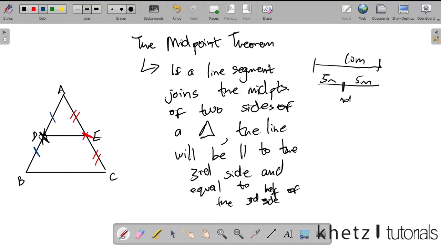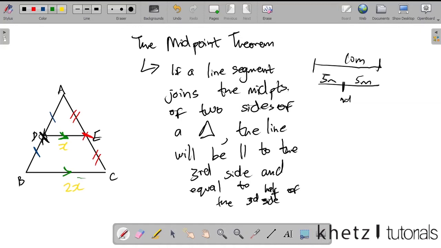We can conclude that this line is parallel to the third side, and if its size were x, then the third side would be 2x. We did the parallel part with the green arrows, and equal to half of the third side.